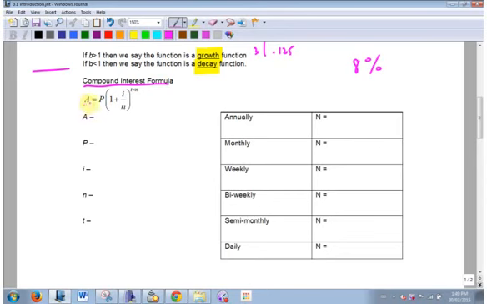So we have 1, 2, 3, 4, 5 variables in this thing. Okay? A is the amount or the future amount. P is what we start with.